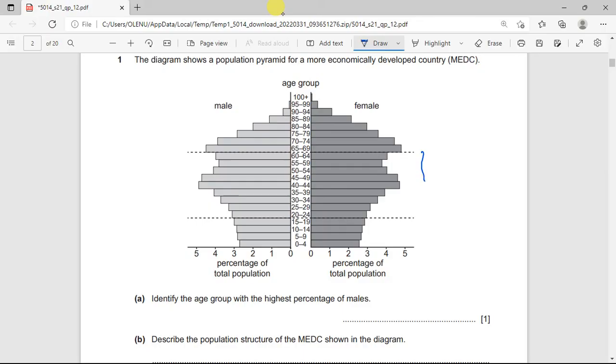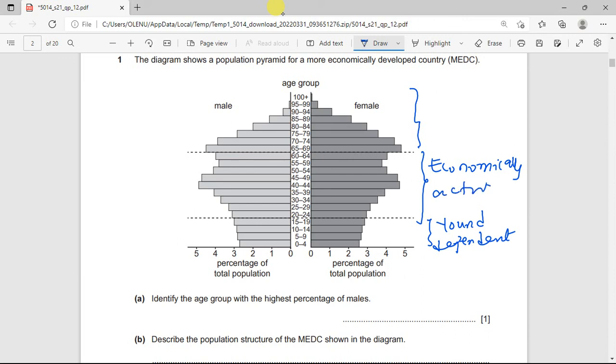Here is the young dependent. Here we have the economically active population. And here we have the old dependent.